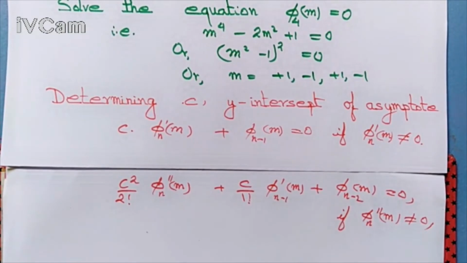But what happens if phi n prime (m) and phi n double prime (m) are both equal to 0?